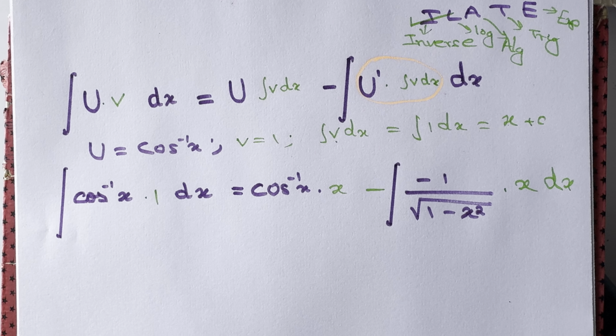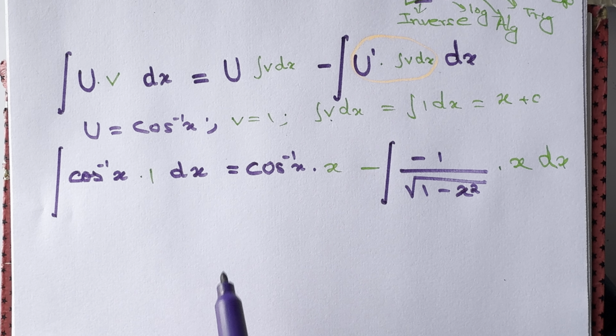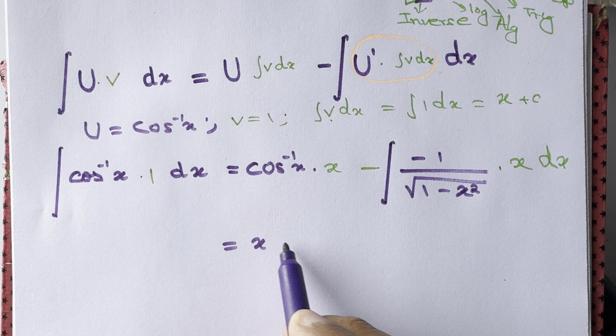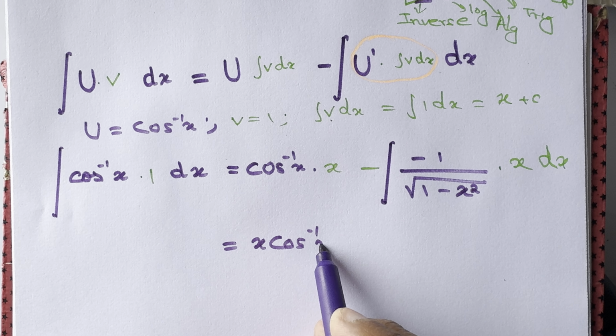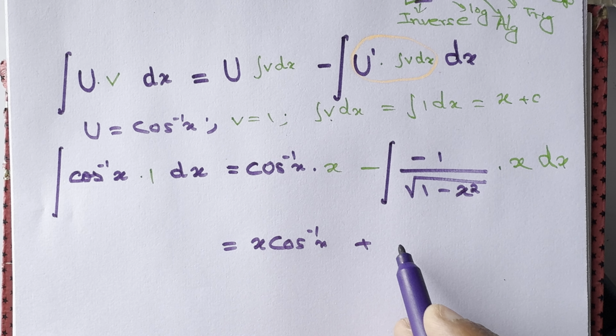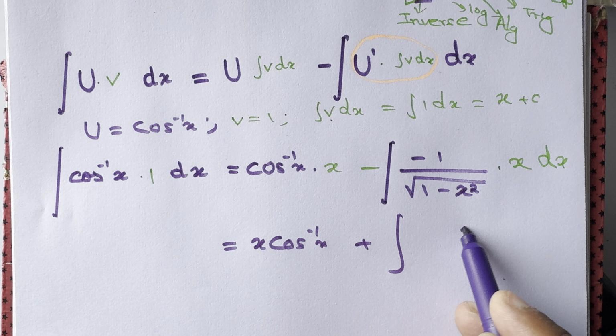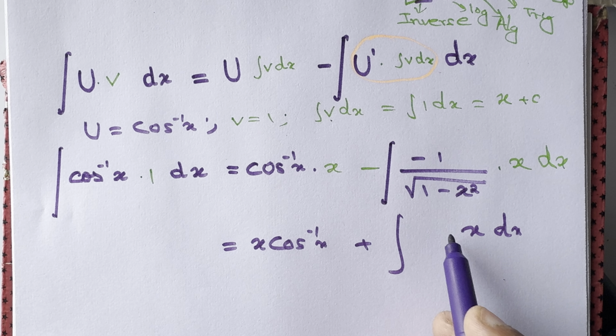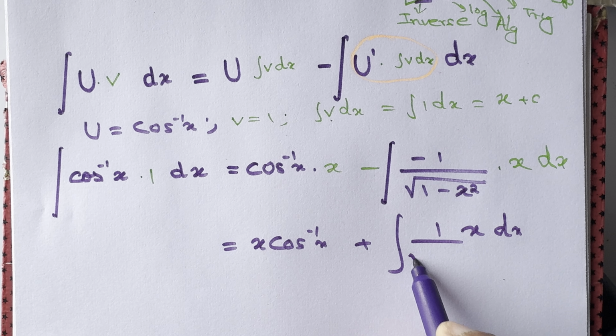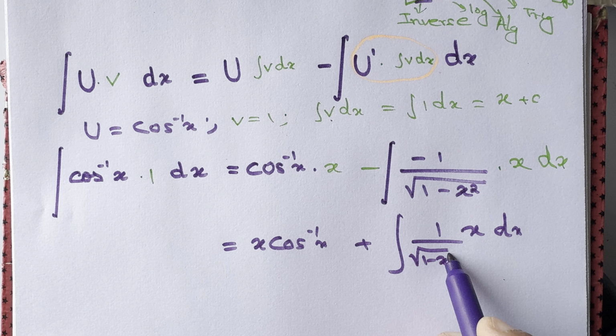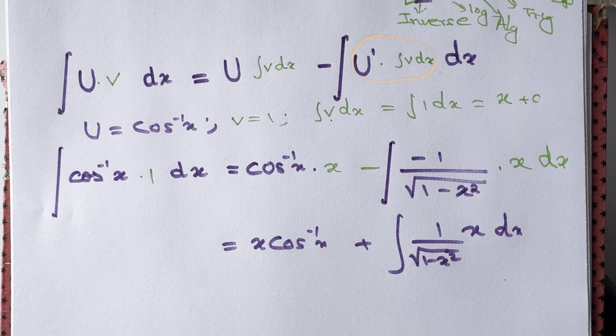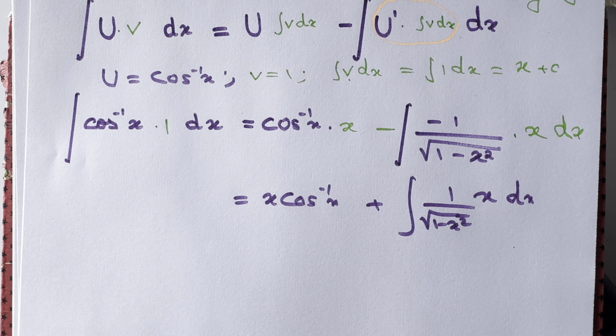Let's simplify the expression. We got x cos inverse of x. Negative of negative is positive. Integral of x dx times 1 by root over 1 minus x square. So how can we do it?